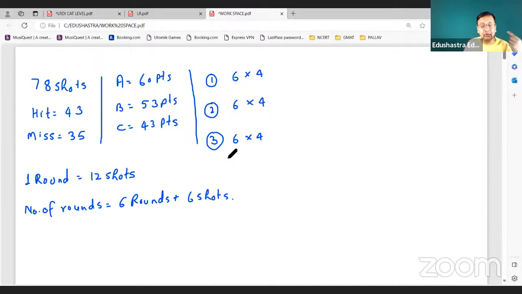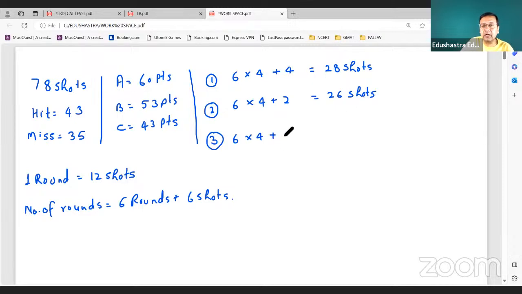Now, 6 shots are remaining. And who will fire now? The first person. So out of the remaining 6 shots, the first person will fire 4 more. So the first person will fire 28 shots in total, right? Second person, out of the remaining 6, 4 are already fired by the first person, remaining are 2. So this is 26 shots, right?